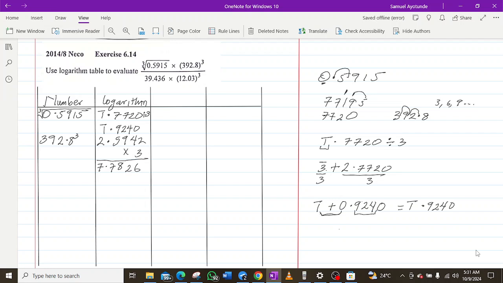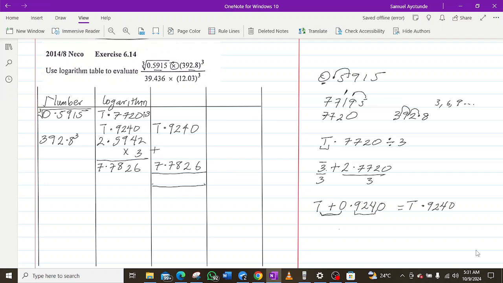So I will write the answers we have for the two figures on the next column. 1 bar 0.9240, then 7.7826. So these are the figures. The sign in between them is multiplication. So when we have multiplication, we add.